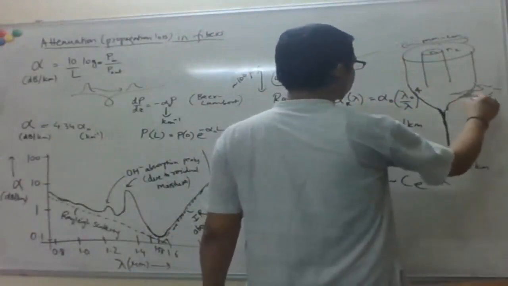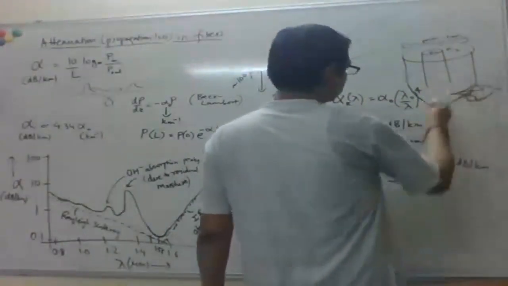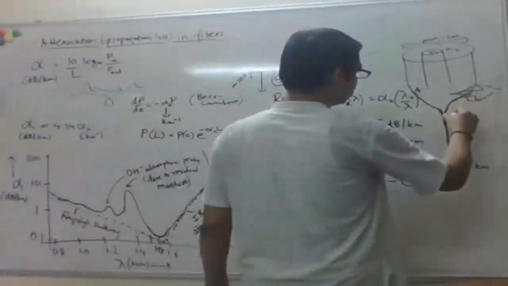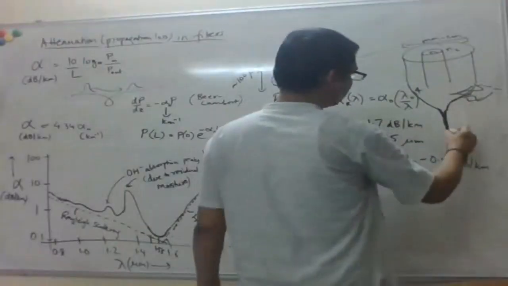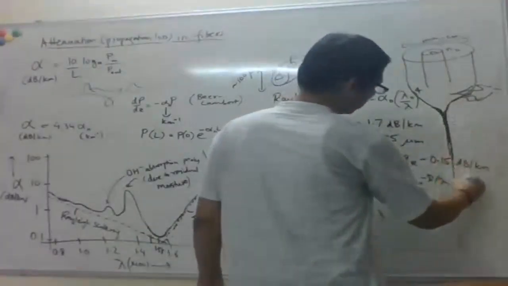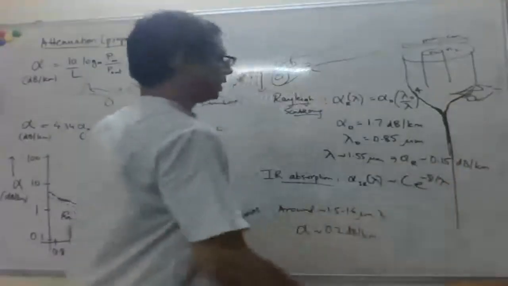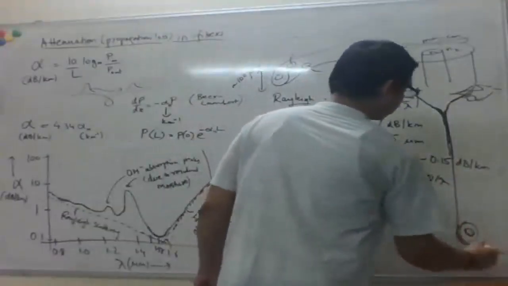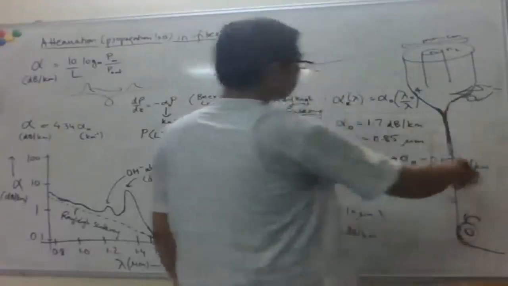So you heat this preform, and you know that if you heat glass, it starts sort of melting and flowing, right? So then you basically pull the region where it's melting, and you keep pulling until it becomes very, very thin, right? So here you have some pulling thing which is pulling this fiber.